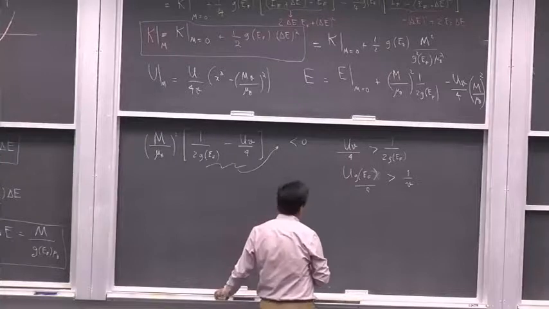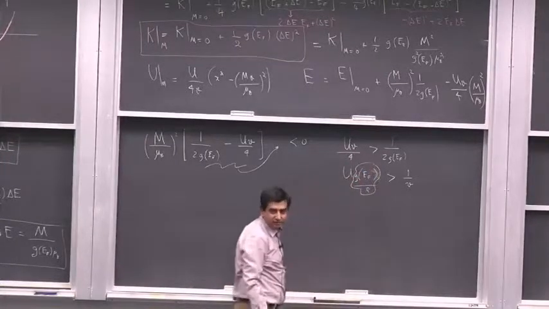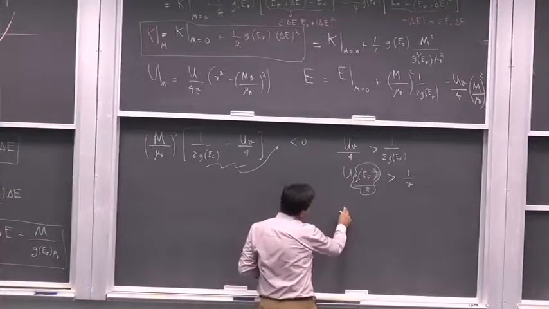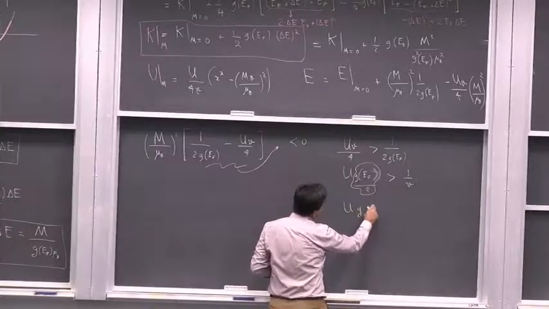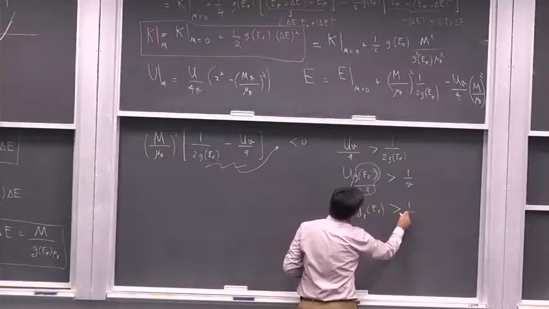Now this object here is the density of states for the unsplit band divided by 2. So this term I can also write as U times the density of states for the majority spins. This must be greater than 1 over V.